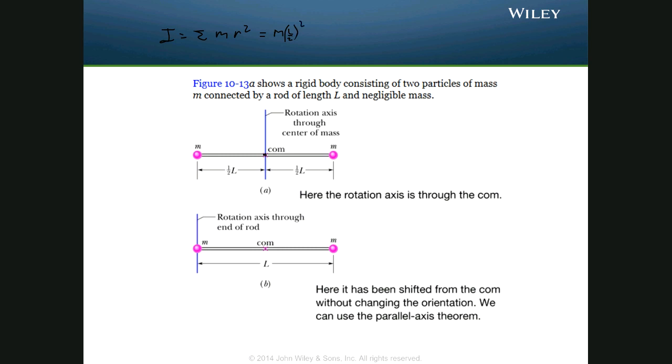I get one particle, and then the other particle is the same, m L over 2 squared, right? So this is going to be equal to 2 times m L squared over 2, which is of course incorrect. You should see that as wrong because we have to square that 2. So we got to get 4, and that's going to be equal to m L squared over 2.